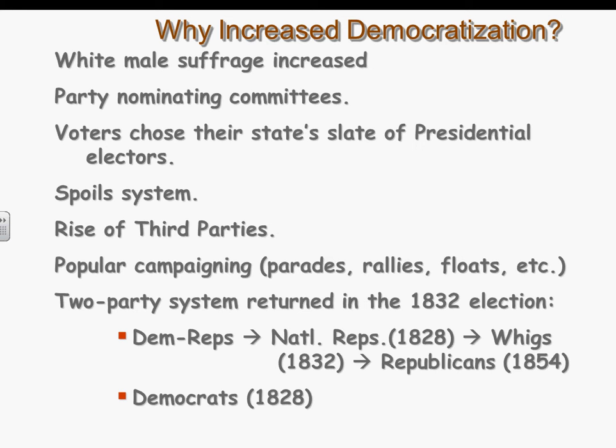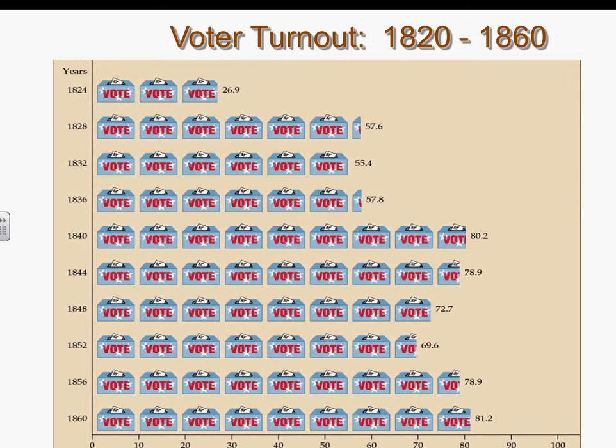The Democratic Republicans, the National Republicans, the Whigs, and the Republicans eventually in 1854. The Democrats would essentially stay the way they are. This shows the voting turnout between 1820 and 1860, and you can see that this was a tremendous increase in the number of people voting for various candidates, particularly in the presidential election.